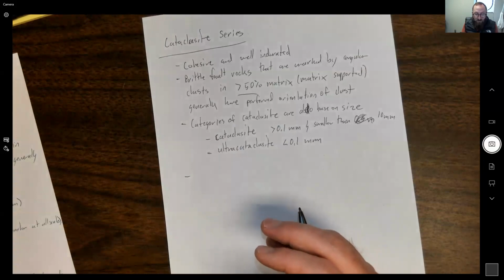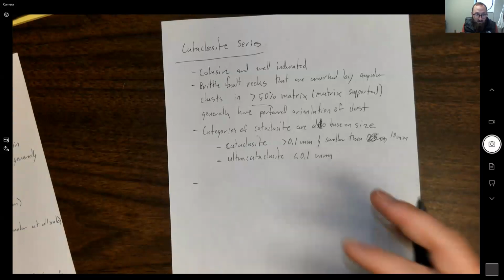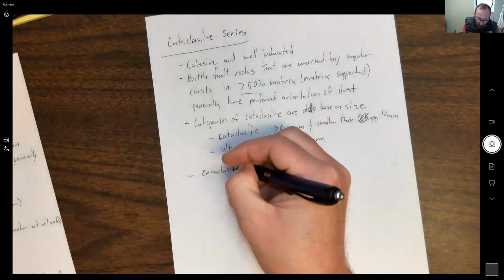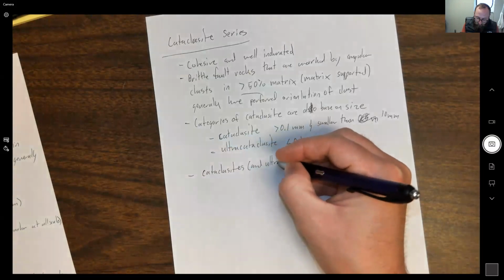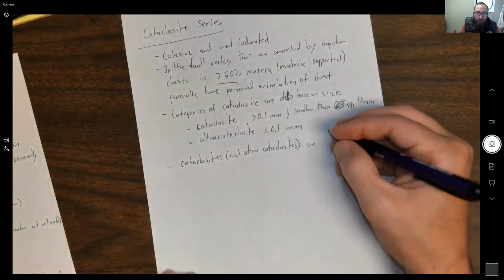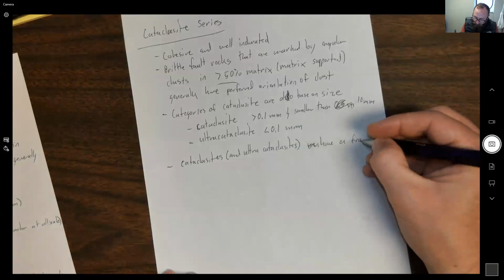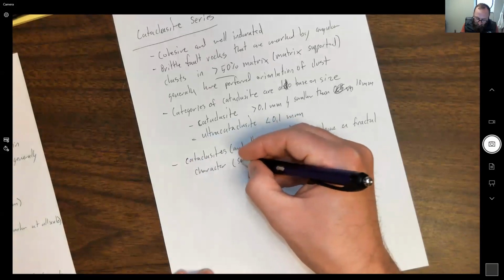This fractured, angular appearance to the grains with 50% or more matrix is the same at all scales, from outcrop to hand sample to thin section to SEM image.